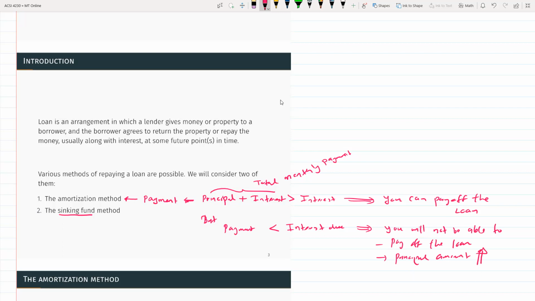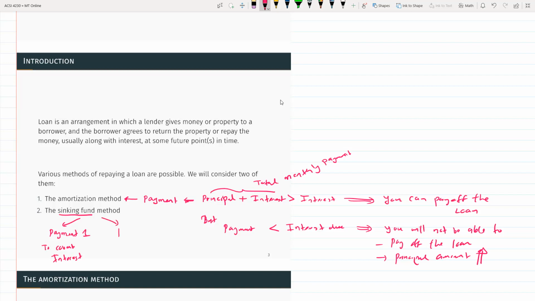The sinking fund method, in here you have actually two payments. Payment one covers interest. What that means is you will pay the interest due for that time period.